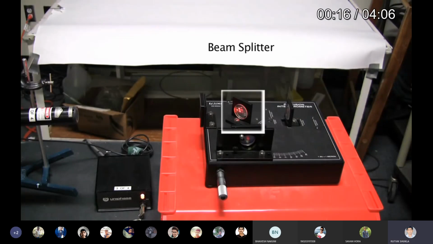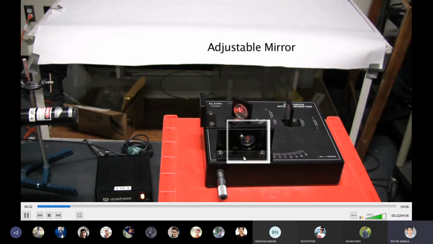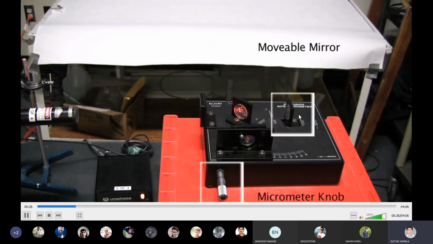Yeah, everything is good. This is a beam splitter. This one is the adjustable mirror. So as I mentioned, these are the displacement levels. This is the movable mirror, this one, and through the micrometer knob you can move it.